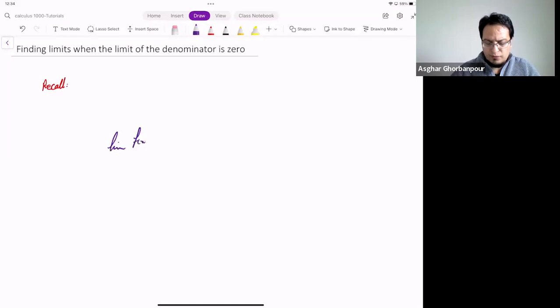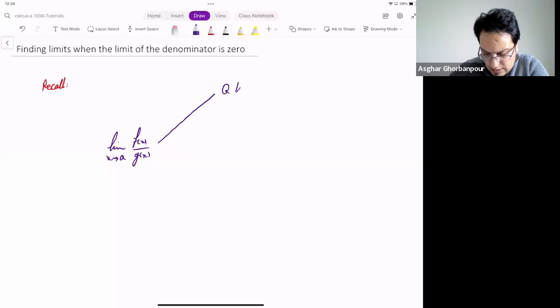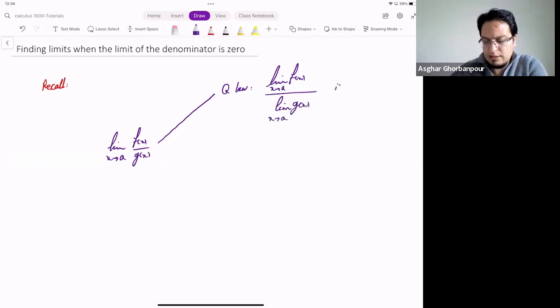If you have two functions, each of which has a limit, when you try to compute the limit of the quotient, you can see that while the limit of the denominator is non-zero, you can just go ahead and do the quotient law, meaning that you find the limit of the numerator and the limit of the denominator and divide them. So this is only true when the limit of the denominator is not equal to zero.